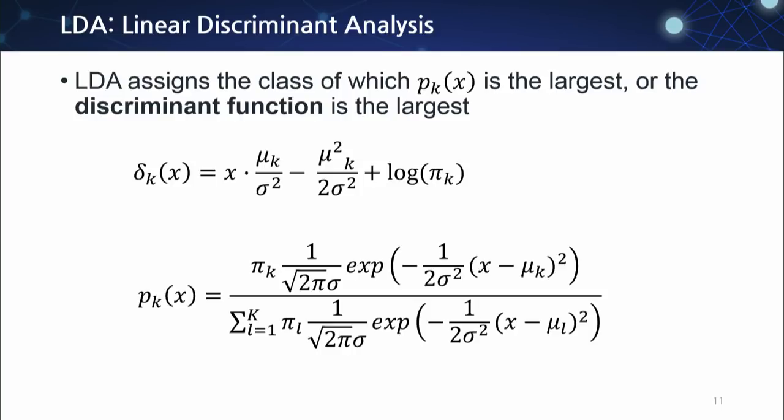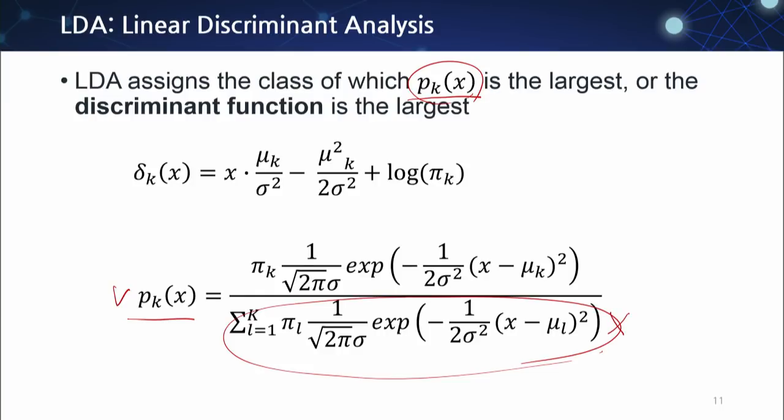Then LDA assigns the class for which p_k(x) is the largest, or in other words, the discriminant function is the largest. To compare this, we realize that the denominator is common for all classes, so we don't have to care about it.